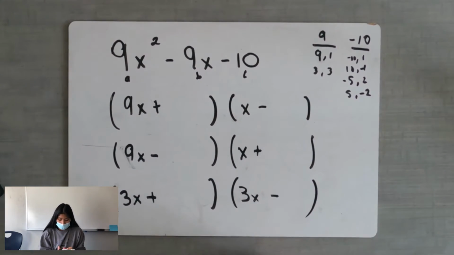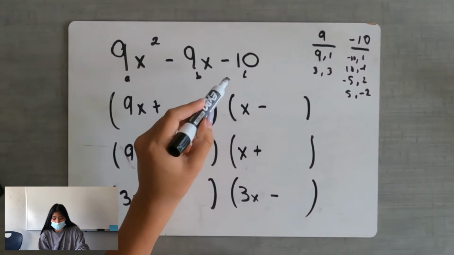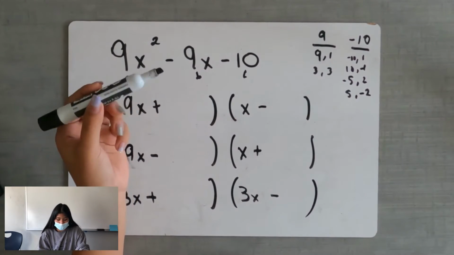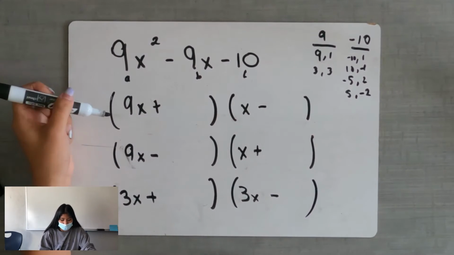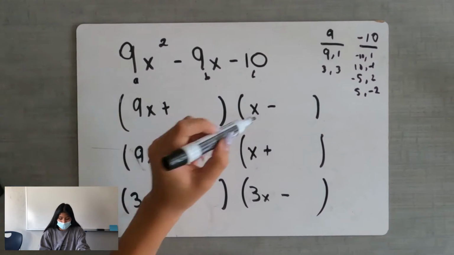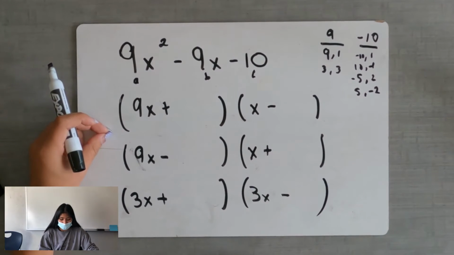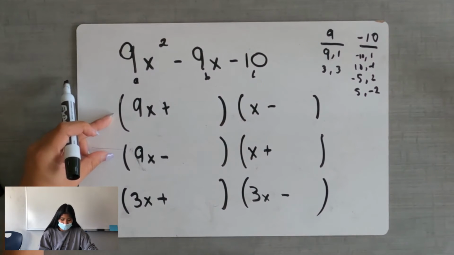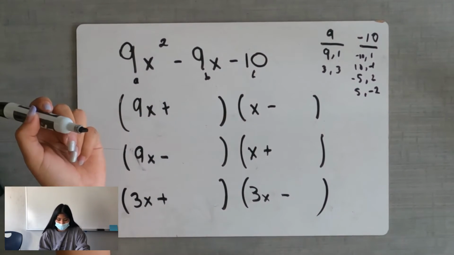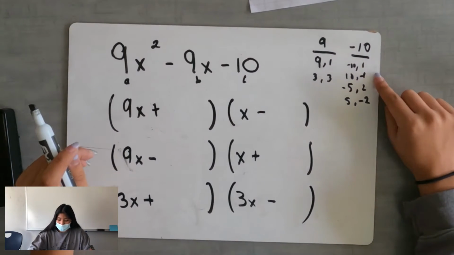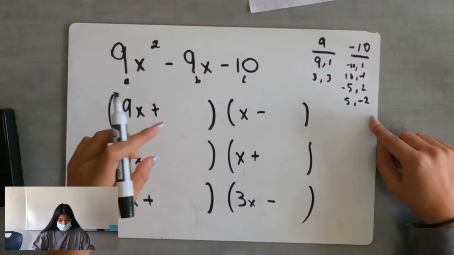And another thing to note, since 10 is negative, there's going to be multiple options, so that's why we have two 9x things, because one has to be negative. So we're going to plug in these numbers into the spaces.